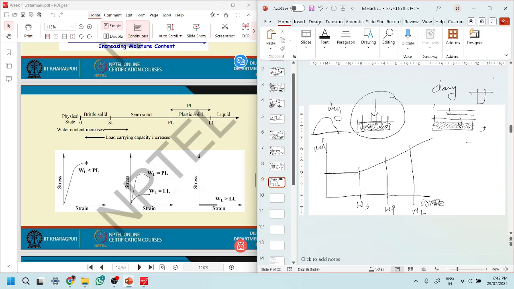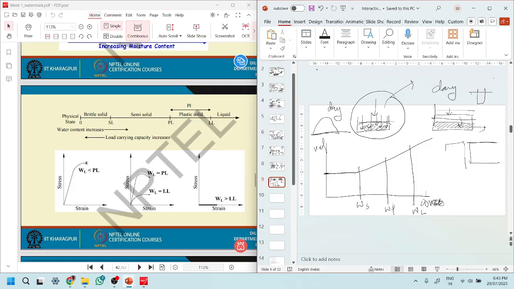But if you go to maybe a very dry, arid area where it has clay soil, you will see that there are cracks developed in the clay and it is as hard as rock. Basically, it had different water contents. So, because soil is a granular material, soil mechanics and solid mechanics are very different.